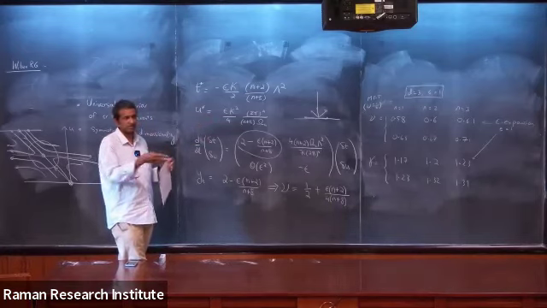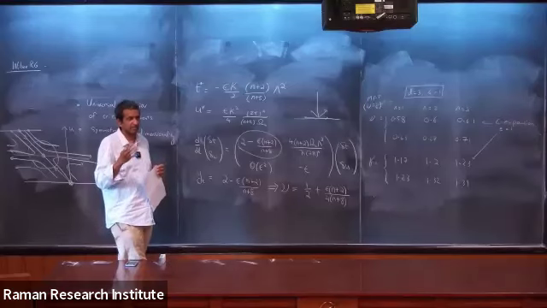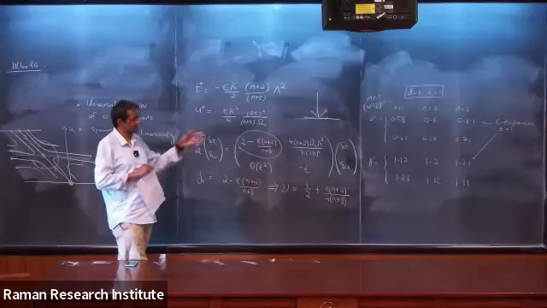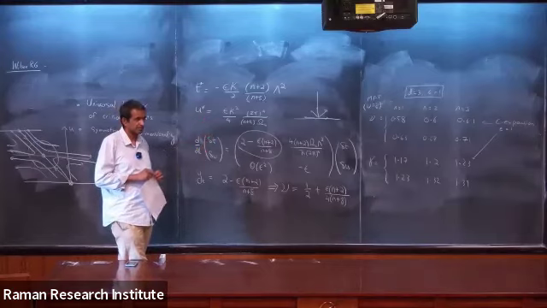Then depending on that power, maybe these exponents could depend on the value of that power. But we've only done this for short range interactions, so we would have to redo it for those cases.